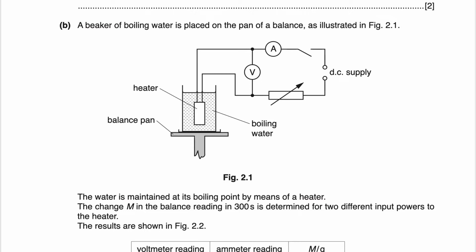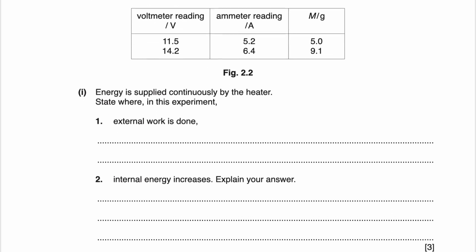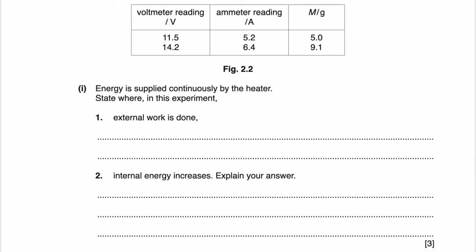Simply the thermal energy that you supply will be used to vaporize the water, meaning that there is a phase change happening. And the results are shown here: the readings of the voltmeter and ammeter. Now the question they are asking: energy is supplied continuously by the heater after boiling point. State where in this experiment external work is done.